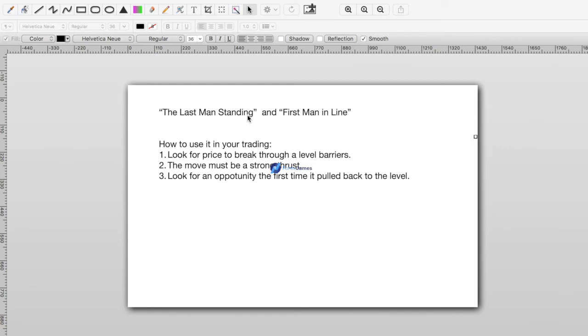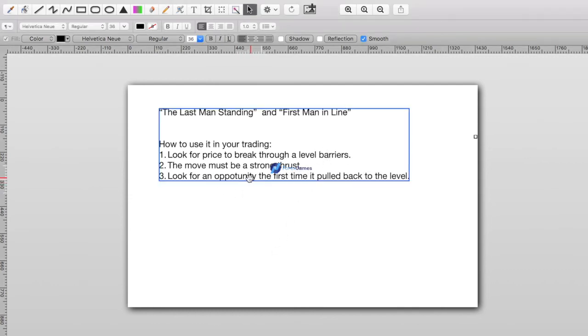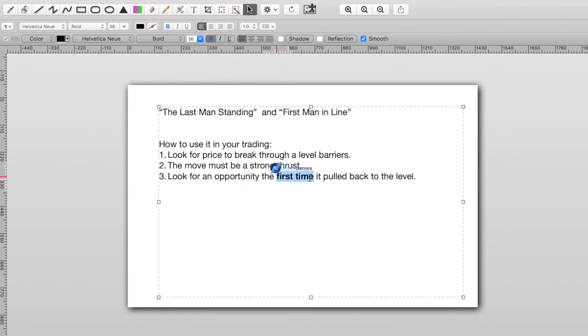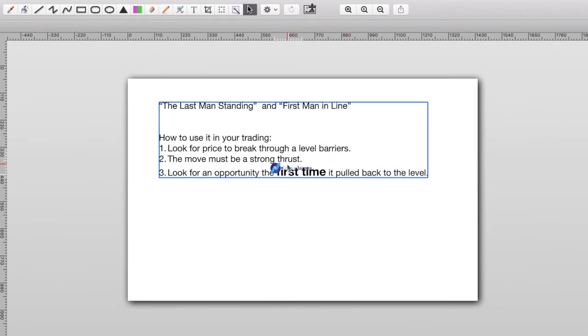To use it in our trading, we'll look for a similar level and price pattern to what I've just drawn, look for price to make a strong thrust to the opposite side, and finally an opportunity when it came back for the first time.